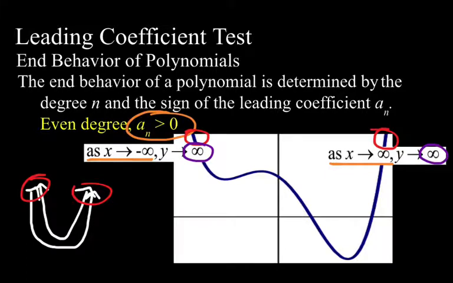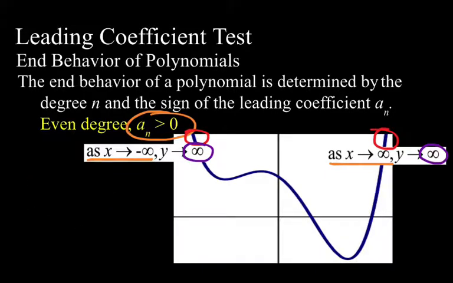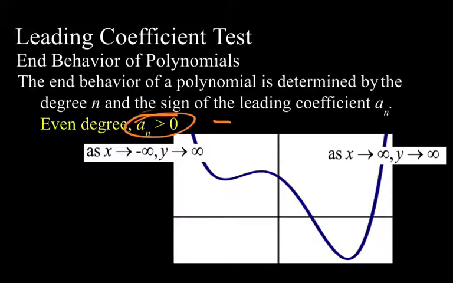Now, before I go on, I wanted to erase the rest of these. Let's see if we can predict what happens on the next one. We're going to have a negative leading coefficient. So instead of positive, it's going to be a negative. And the negatives we've just talked about reflect the graph.